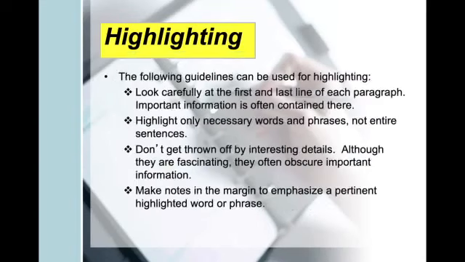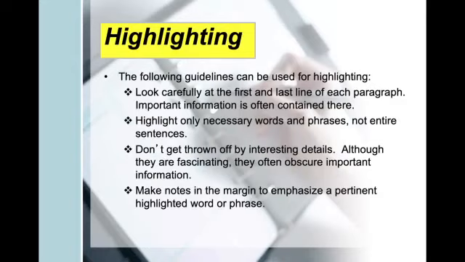So how do I properly highlight? Well, we can use the following guidelines. Look carefully at the first and last line of each paragraph. Usually important information like a topic heading or some sort of thesis might be contained there. Highlight only the necessary words and phrases that give you enough of a sense to go back and review. Don't highlight an entire sentence.